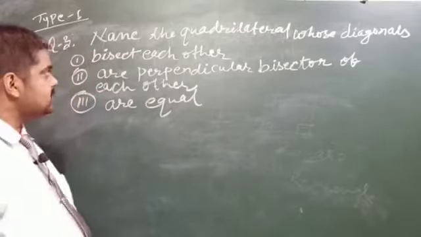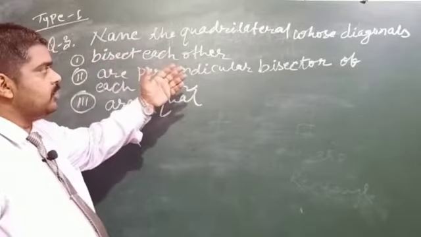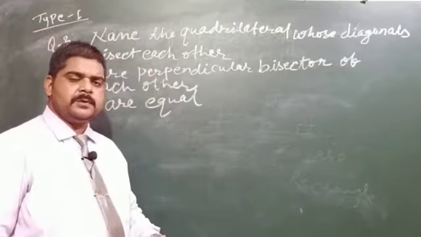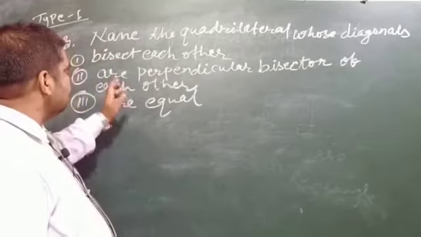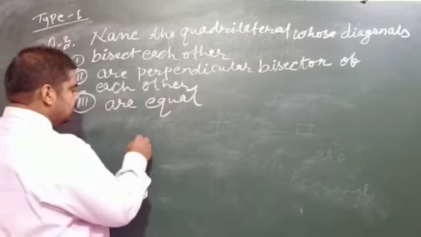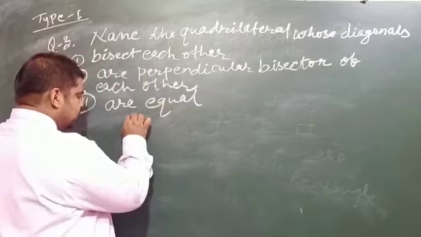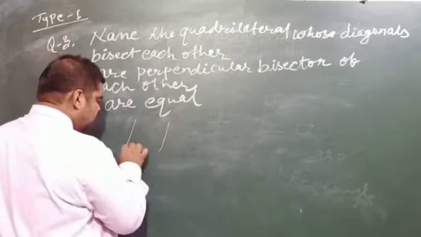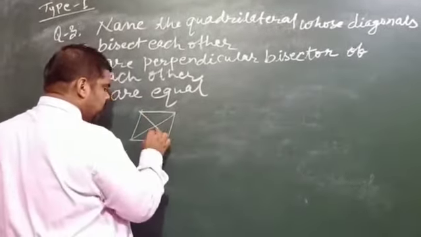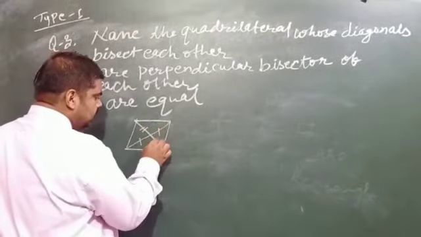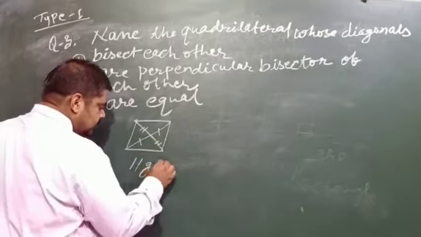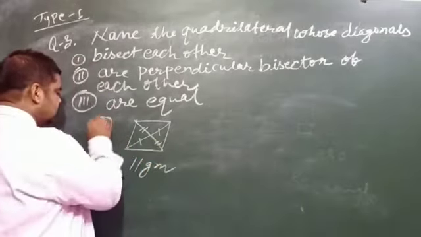My dear student, name the quadrilateral whose diagonals bisect each other. Actually this question belongs to NCERT. In the case of a parallelogram, you know that the diagonals bisect each other, so the first answer is parallelogram.